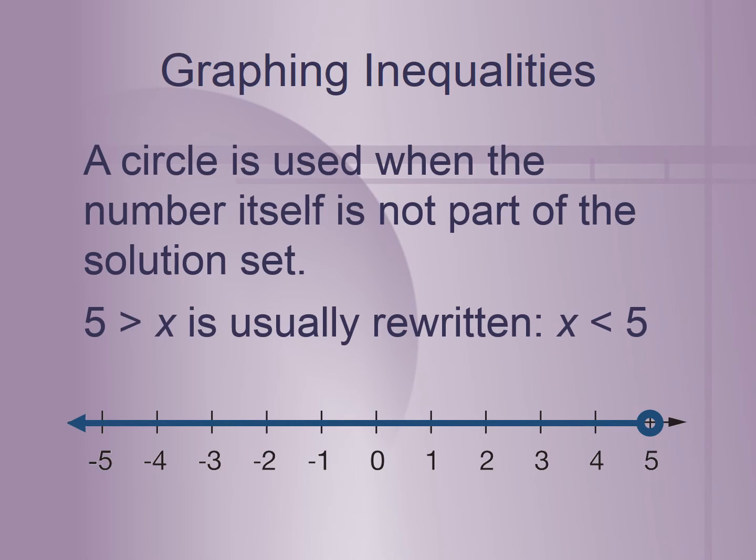And so our solutions, our x's, all have to be less than 5. So in order to be less than 5, we're going to shade to the left-hand side. Notice that when I rewrite it and put my variable on the left-hand side, my shaded arrow matches the direction of my inequality.